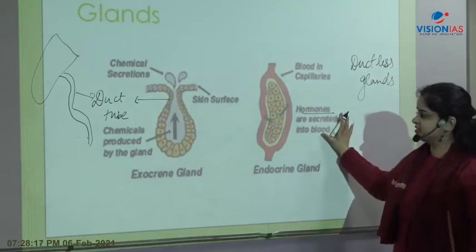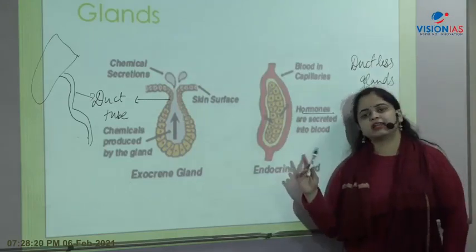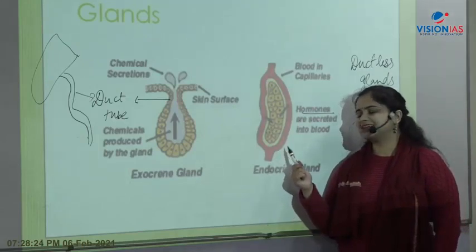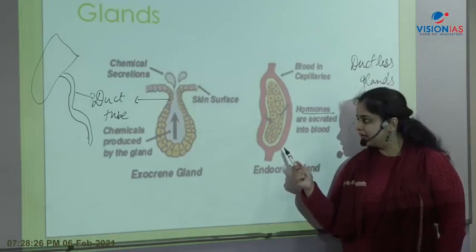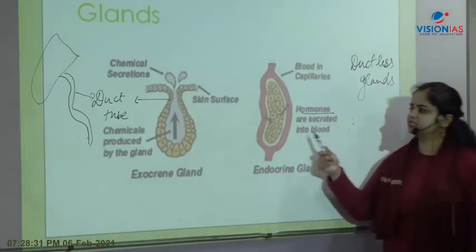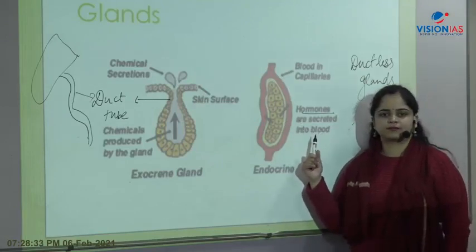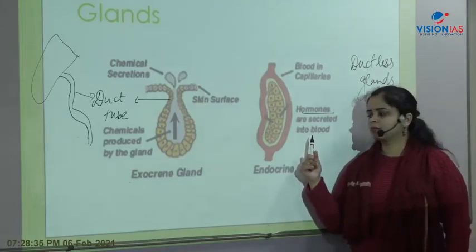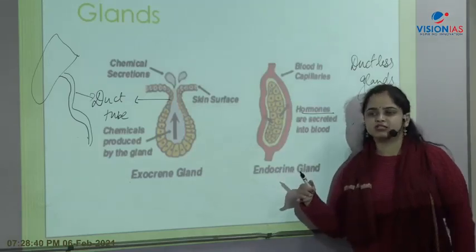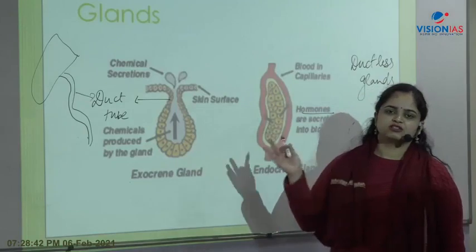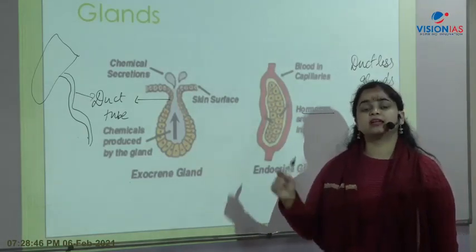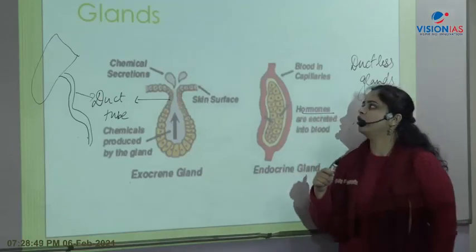These hormones release their secretions directly into blood because they do not have ducts. They are ductless glands, they release their secretions into blood. And then blood can hence take it into any part of the body where it is supposed to go. So it travels through blood, it is there in blood, and it is called hormones.